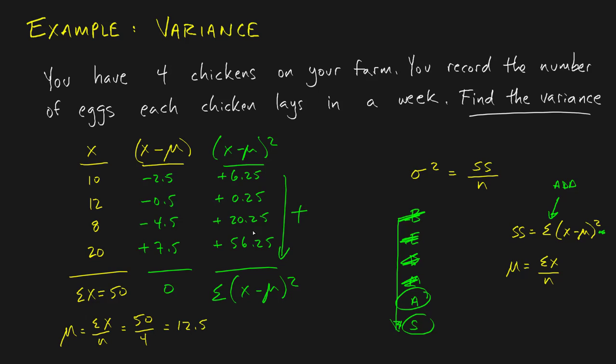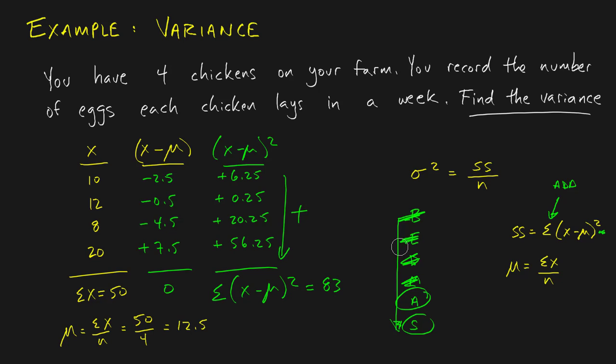So when you add up these values, this comes out to be 83. So this is my sum of squares. I've summed up the squared deviations.